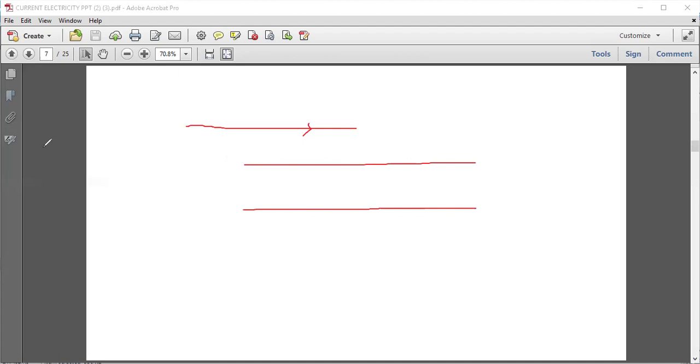It's clear. So see here, as you know, in a metallic conductor there is a very large concentration of free electrons. What is the number of free electrons per unit volume? It is 10 to the power 29 per meter cube. Means in 1 meter cube volume there are 10 to the power 29 free electrons.